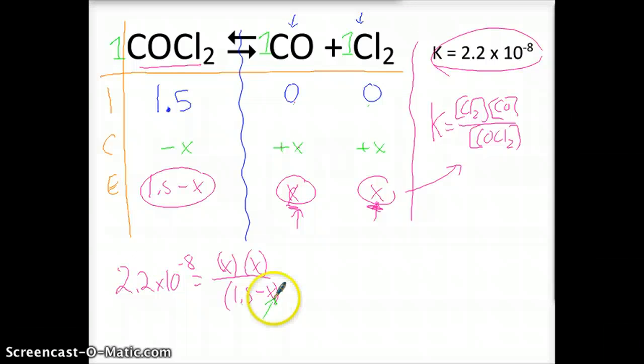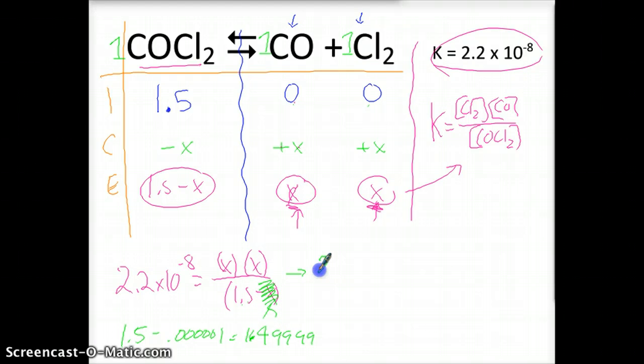So small that if we subtract it from 1.5, we're still basically going to have 1.5. So imagine subtracting 0.000001 from 1.5. You're going to get 1.49999, which is basically 1.5. So we're going to make that approximation. It's so small, it's essentially 0.